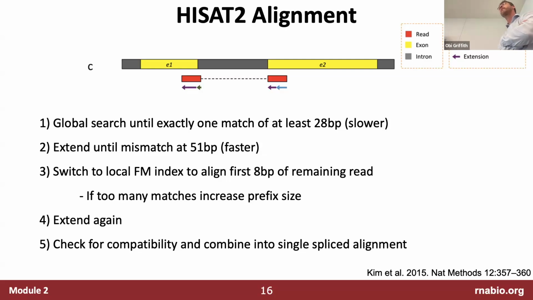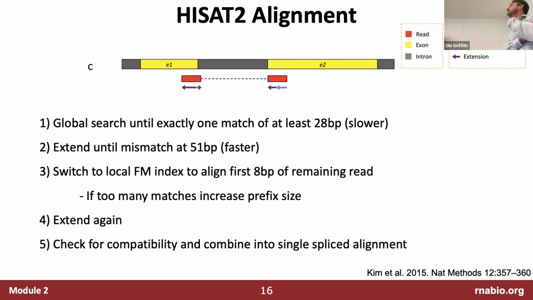Yeah, there's a question. What if that exon-exon junction appeared in the global search region in that first 28 bases? So the question is, what if the exon-exon junction was disrupting that first 28 bases? Yeah, that's a good question.